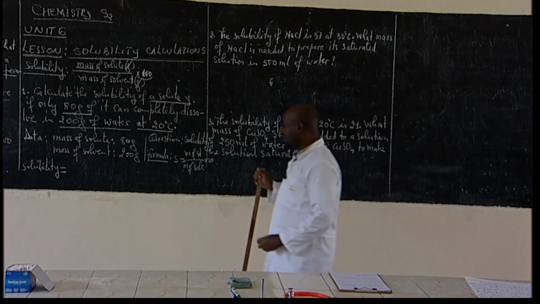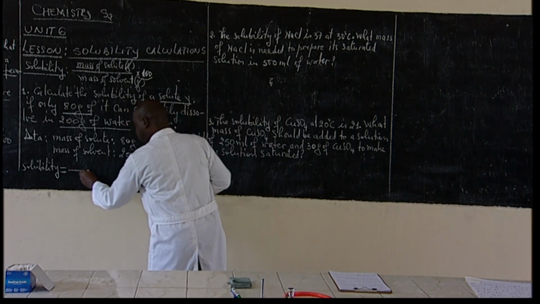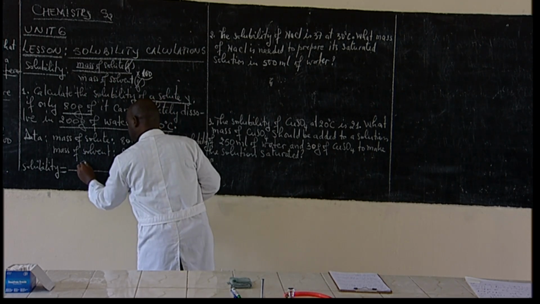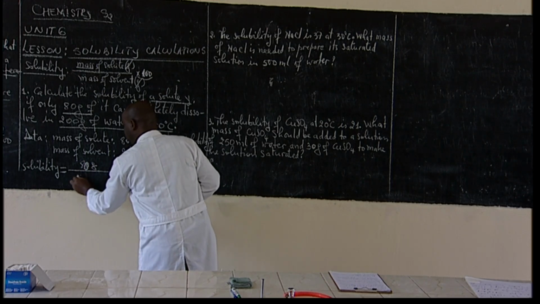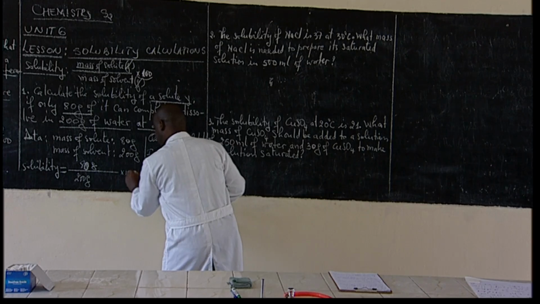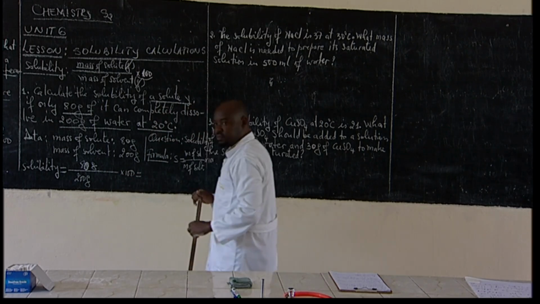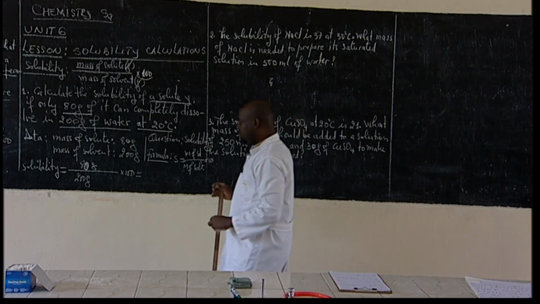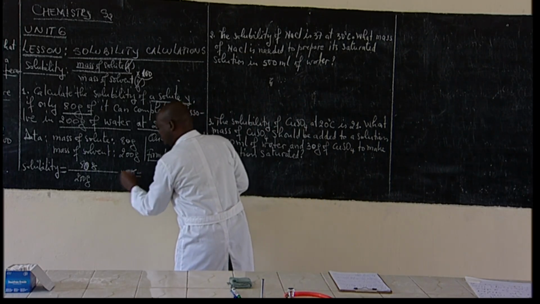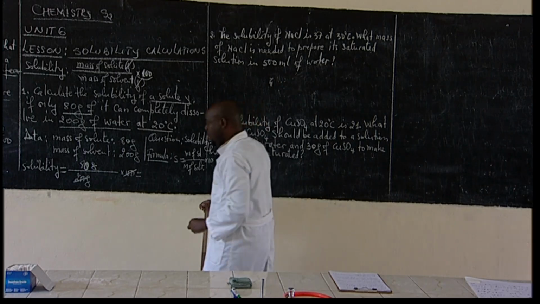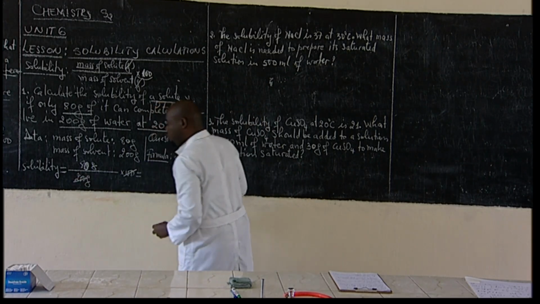All right. So if we substitute, we have mass of solute, that is 80 grams over 200 grams times 100. What do we get? We have 100 and 200. We can simplify, and here it remains 2.